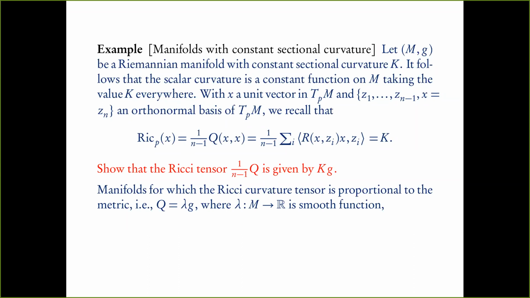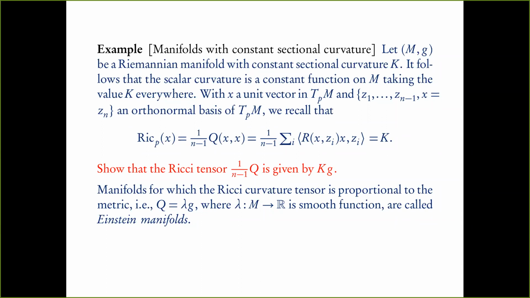What I mean is that the Ricci tensor 1 over n minus 1 q is lambda times G, or if I absorb the 1 over n minus 1 on the right hand side, I just want q to be lambda times the metric G, where lambda is a smooth function. That's all. Whenever this happens, I call such a manifold Einstein, and oftentimes the Riemannian metric G is also called Einstein.